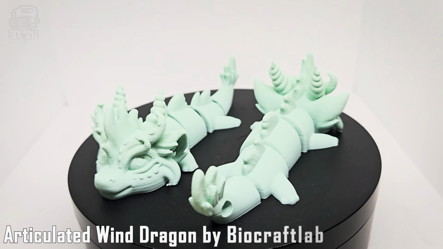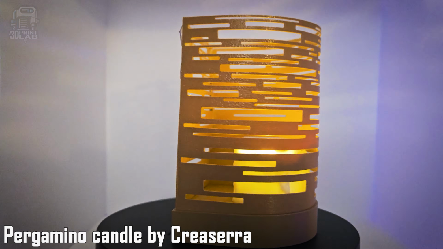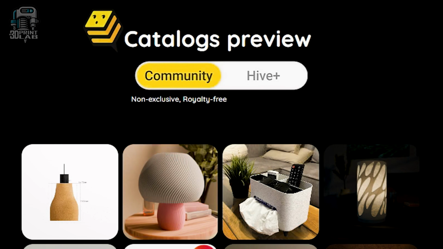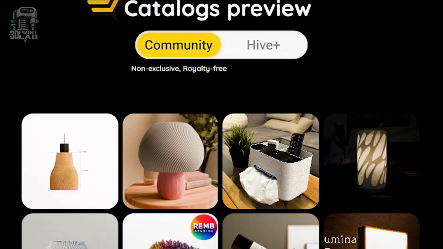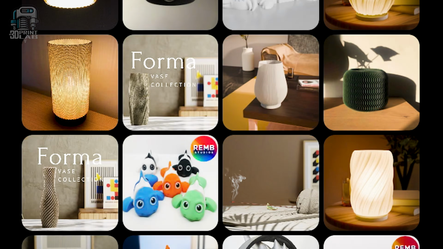Now, some of the files, like that one, may look a little similar to some you find on other databases, but they are completely different, and you get a commercial right to sell these. So what all do they have available for you? Well, when I'm going through, and I did go through every single one in the community database, there are lots of these lampshades and vases.